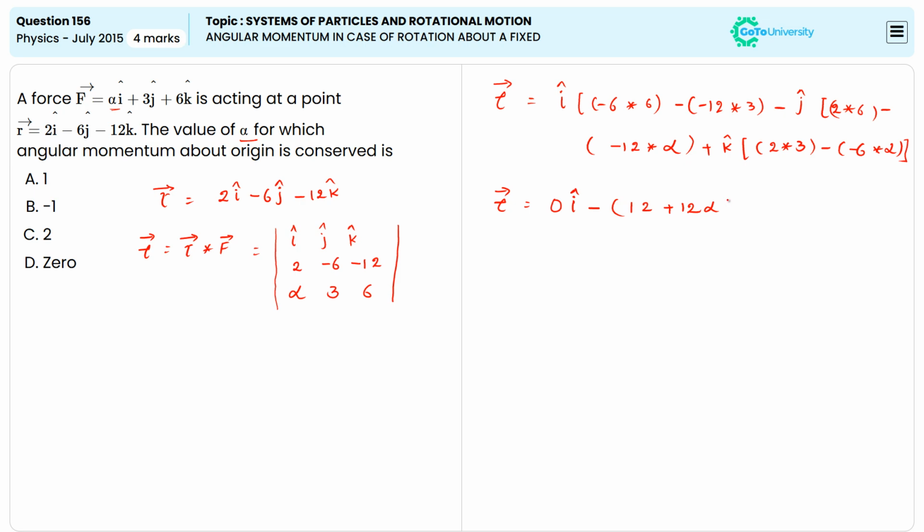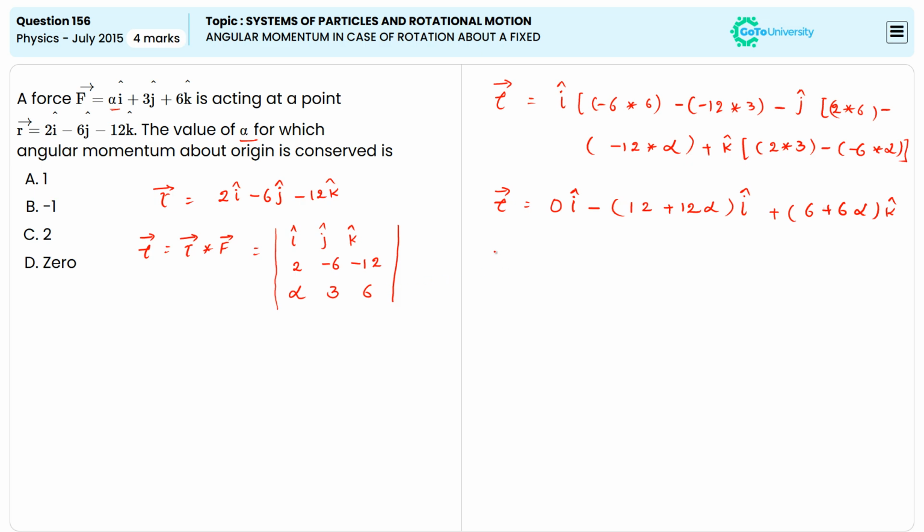Okay, then it is j cap, plus 6 plus 6 alpha into k cap. 2 into 3 is 6, minus minus becomes plus 6 into alpha, that is 6 alpha.